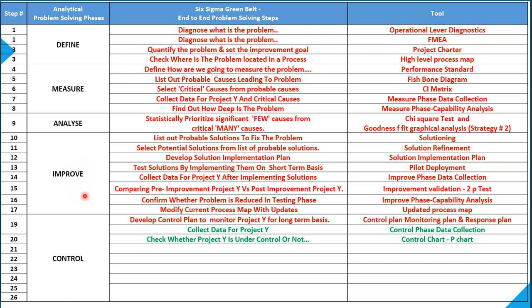In improve phase, we try to find out probable solutions, and then we convert them into potential solutions by exercising a solution refinement activity, where we're going to have 4 scanners, and every single probable solution will go through these 4 scanners.